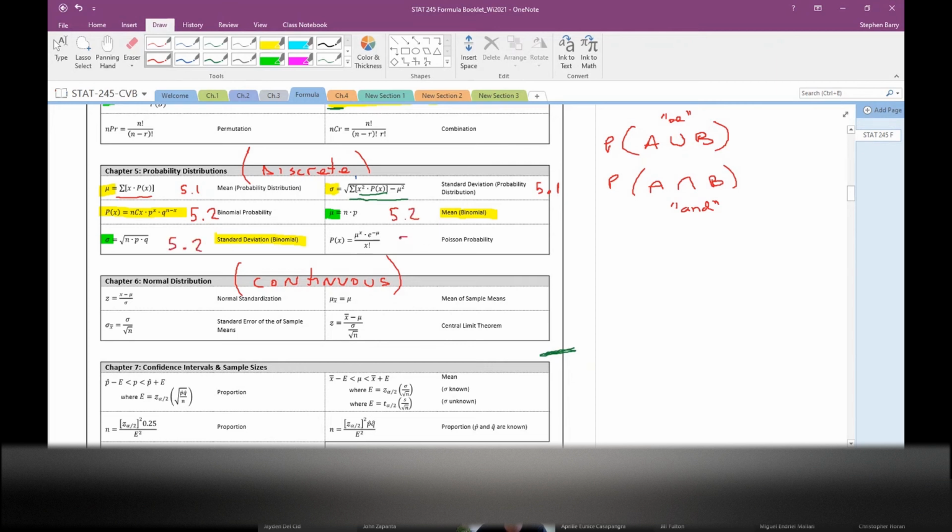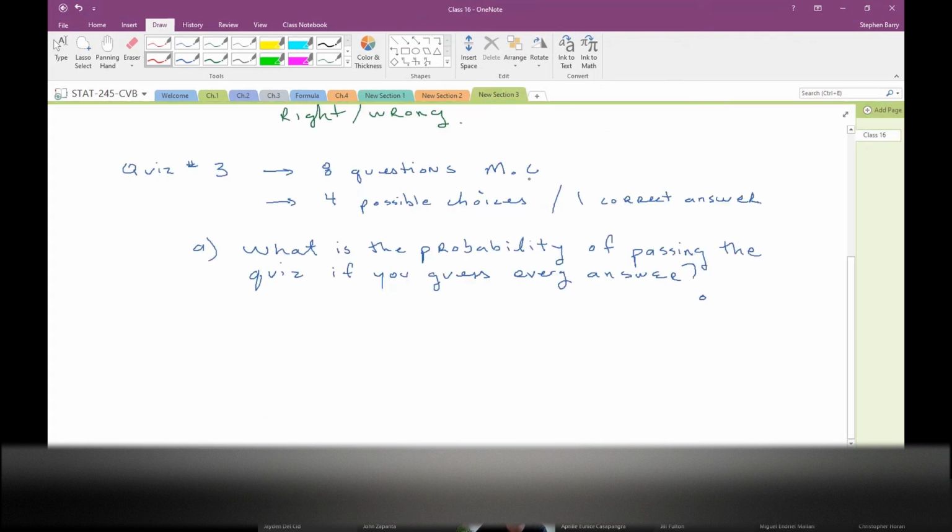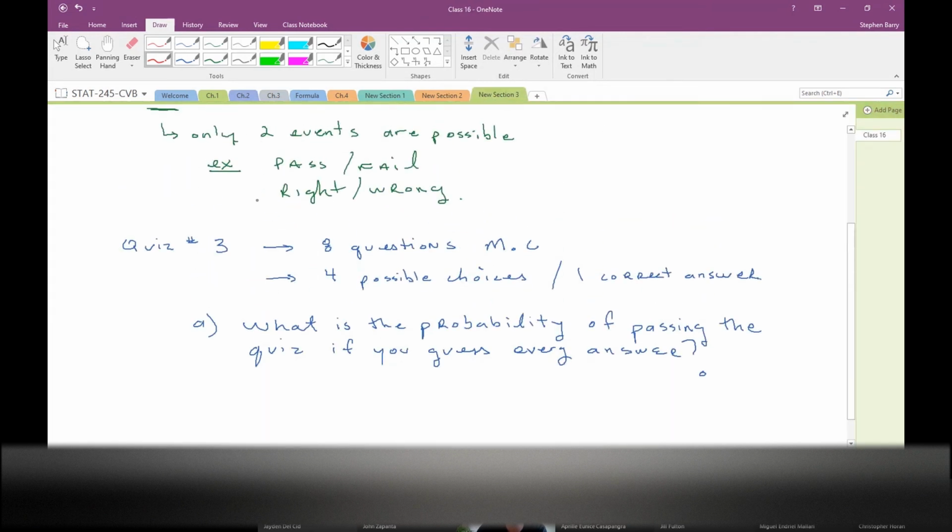The Poisson distribution, this is the one we'll handle on Friday, which is actually my favorite one. We'll talk about that later.